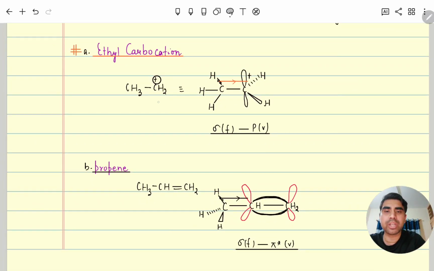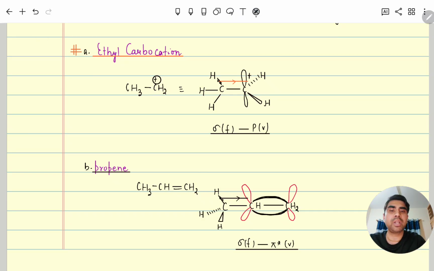In ethyl carbocation also you can see the sigma electron moving to the vacant p orbital, from high to low, and all those hydrogens can move. So in ethyl carbocation the filled sigma electron is moving to the vacant p. This is one hyperconjugation structure for ethyl carbocation.